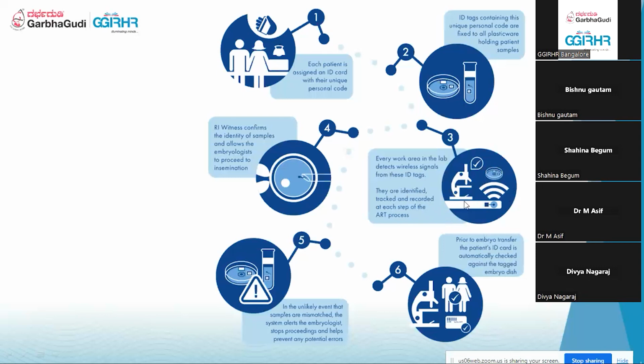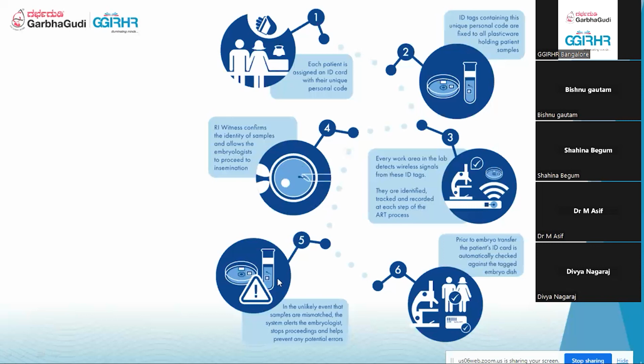Then for the ICSI procedure, we may go for IVF or we may go for ICSI, and that will also identify the barcode. The barcode will identify whether it is the same patient or not, so ICSI will be safe here.